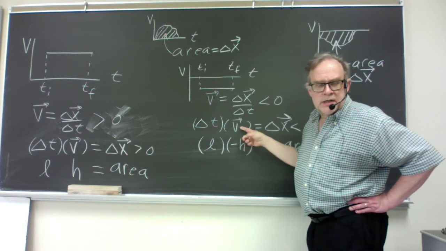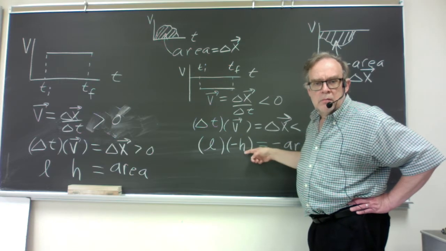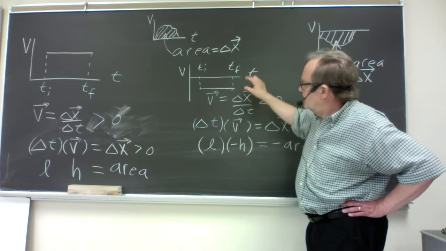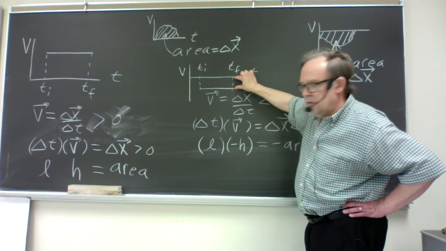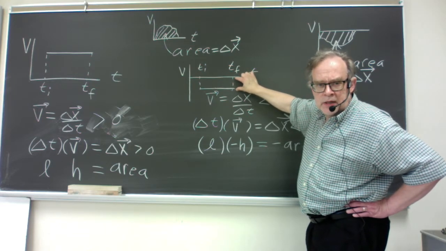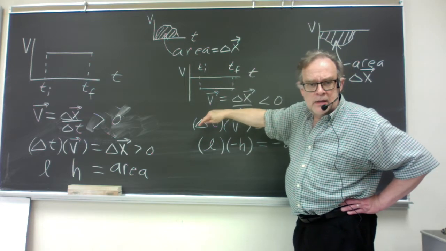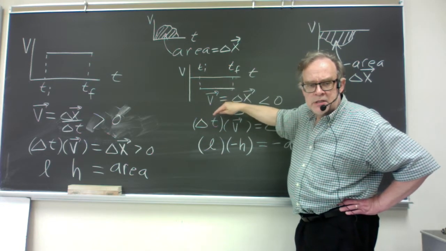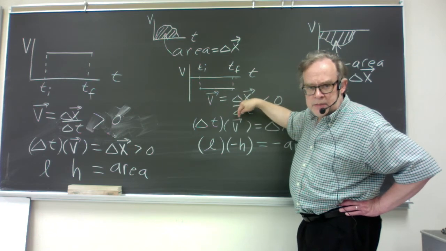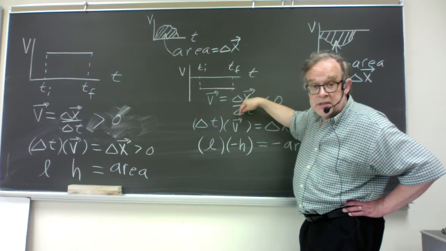So this negative velocity is equal to -1 times the height of this rectangle. So length of the rectangle is the same as delta t, -1 times the height of the rectangle is the same as the negative velocity in this case.